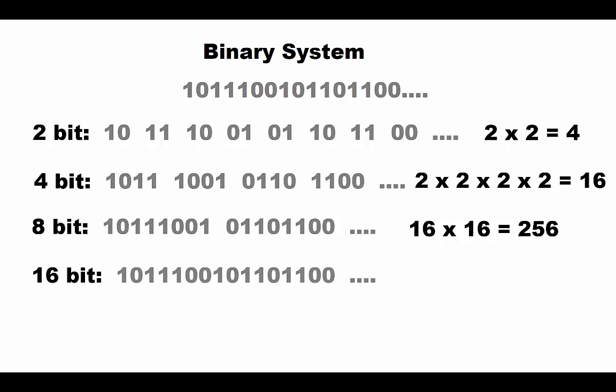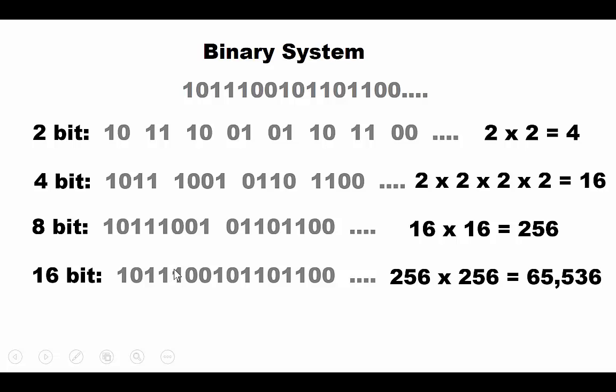If it goes further, let's say 16-bit, now it can be quite big. It's bigger than 65,000 different combinations. In our current computer systems, we usually use this 16-bit as a basic unit of information coding, so this can code all the different alphabets and numbers.